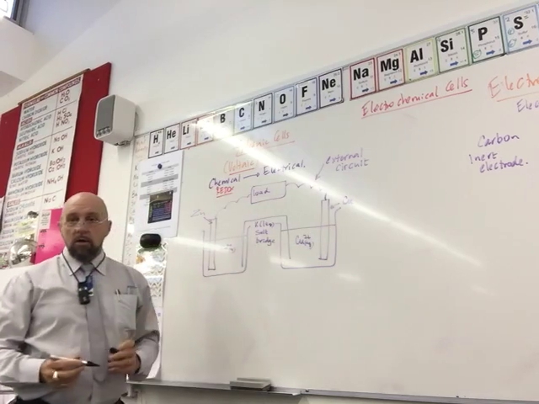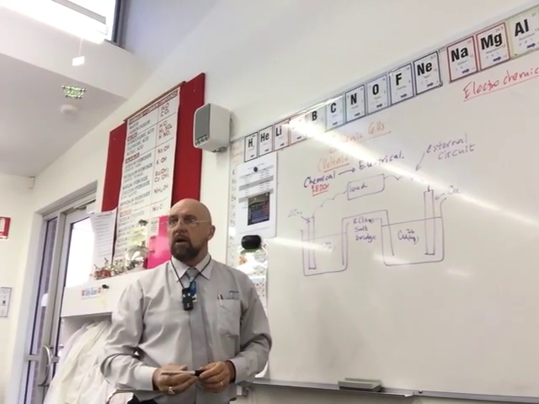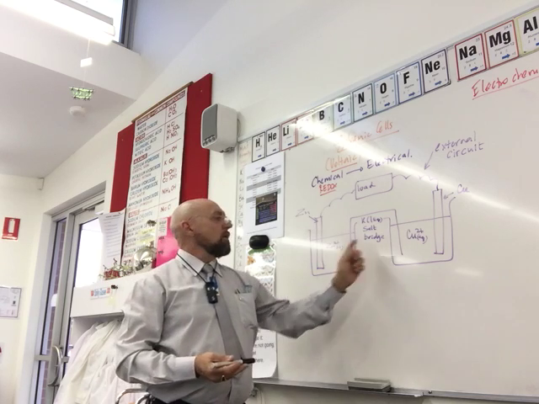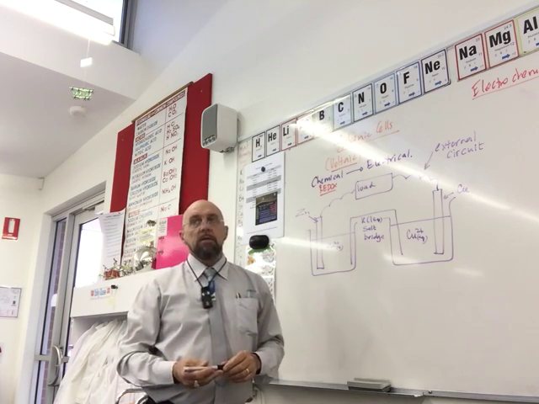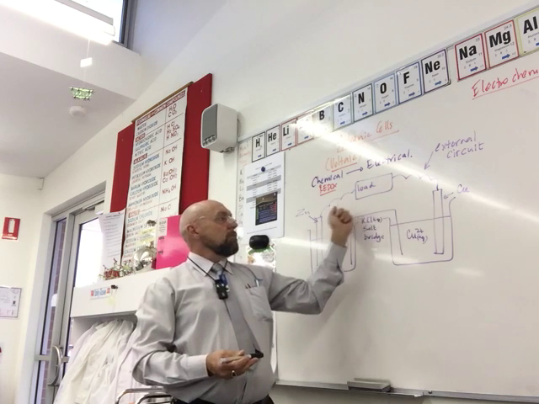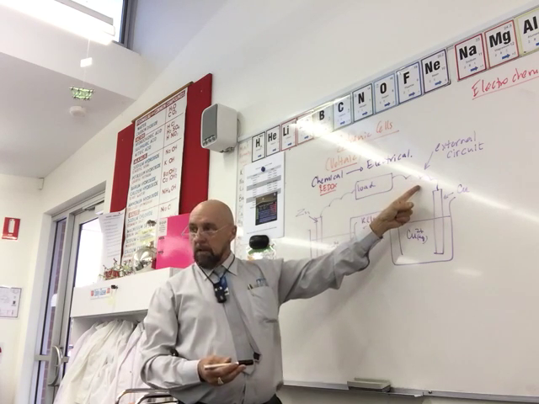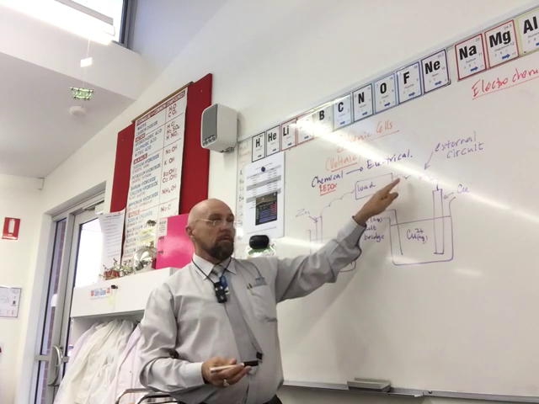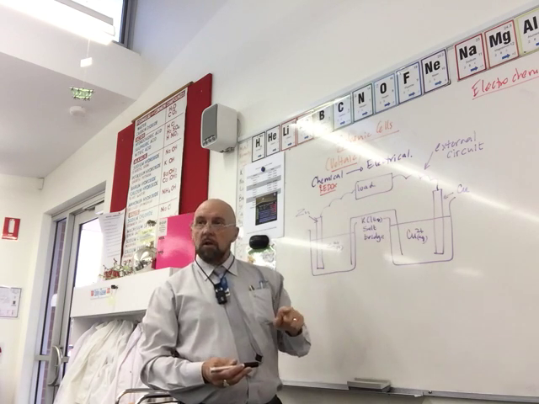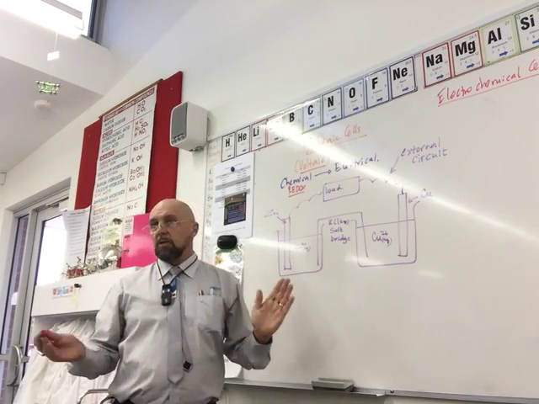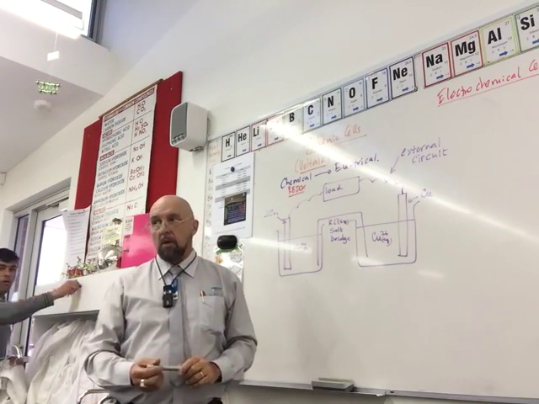We are using redox because redox involves transfer of electrons. Now electrons don't move in a solution in this instance. The electrons are moving in a copper wire in an external circuit, okay. When I turn the switch on, and the circuit is closed, and the salt bridge is also active, that brings the two half cells together.